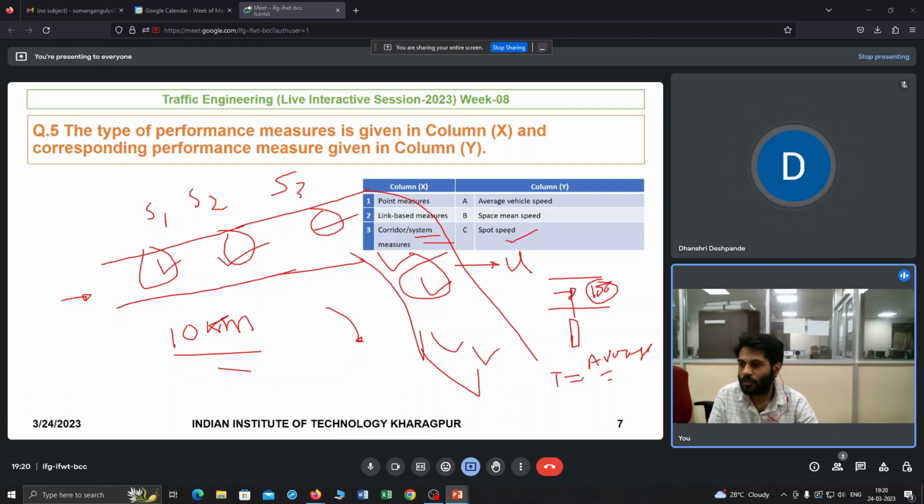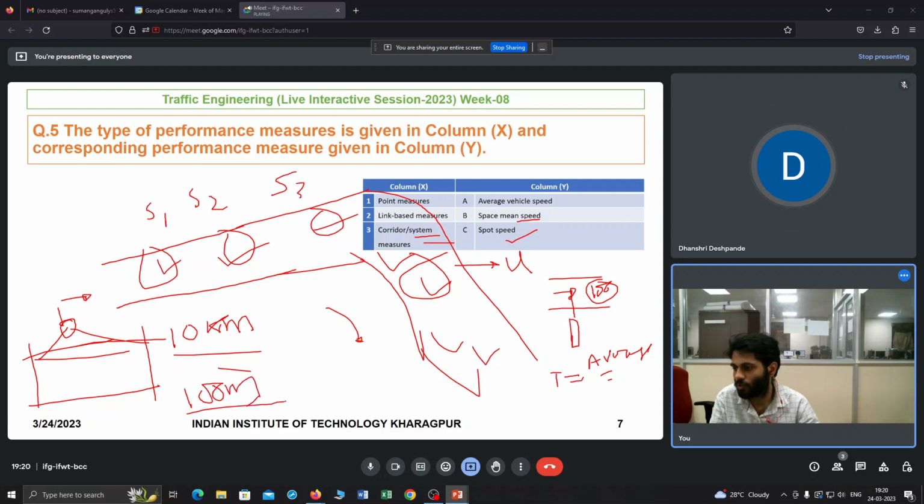So in such cases, should we go for space mean speed? Space means we are taking this space and, by installing video cameras, we are seeing this portion of the road, suppose 100 meters of the road, and now we are using the harmonic mean speed formula, which I think you have already read in module 2, in microscopic and macroscopic parameters.